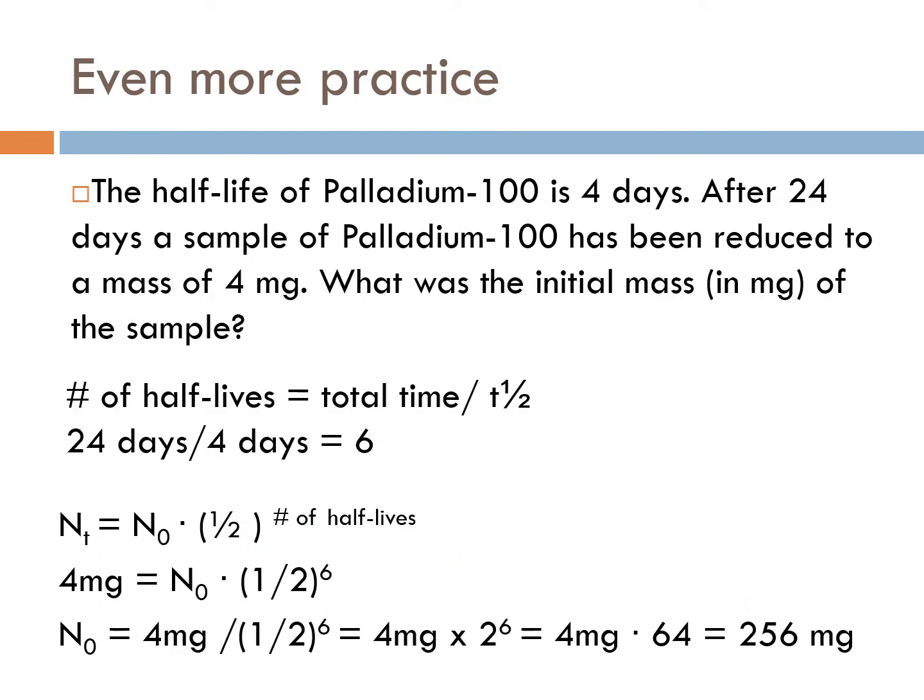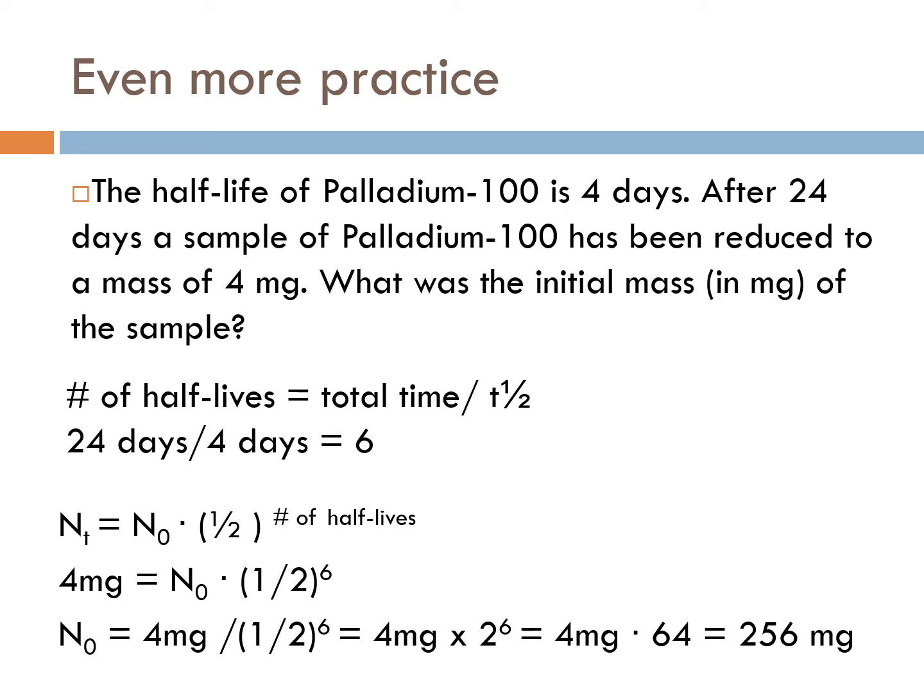This is another example where the number of days that you are supposed to investigate, 24 days, is a perfect multiple of the half-life, which is 4. So in 24 days I had 6 half-lives. So the problem becomes cutting my initial amount in half 6 times. In this case you know the final amount, which is 4.